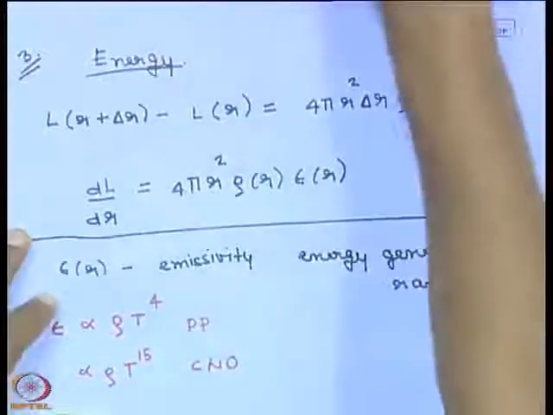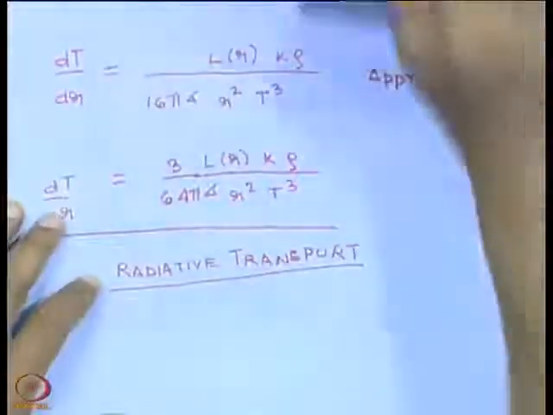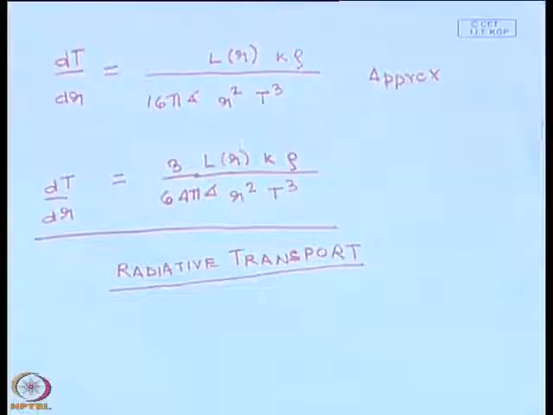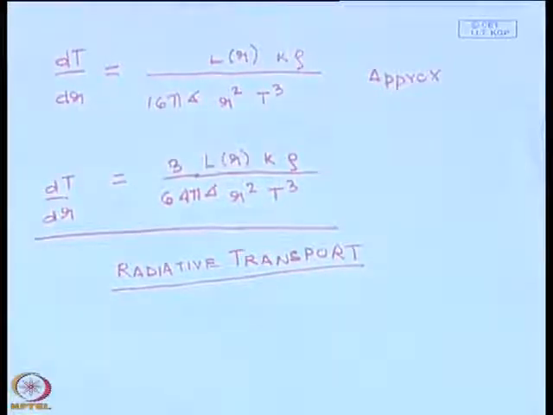The third equation tells us how the luminosity changes as we go along the radius of the sun. And the fourth equation tells us how the temperature changes along the radius of the sun. This we had discussed is determined by the energy transport mechanism.